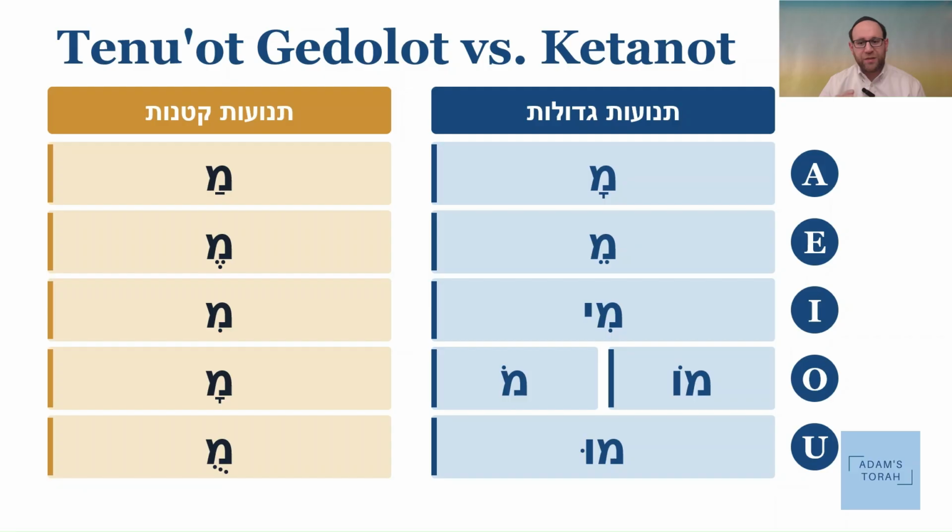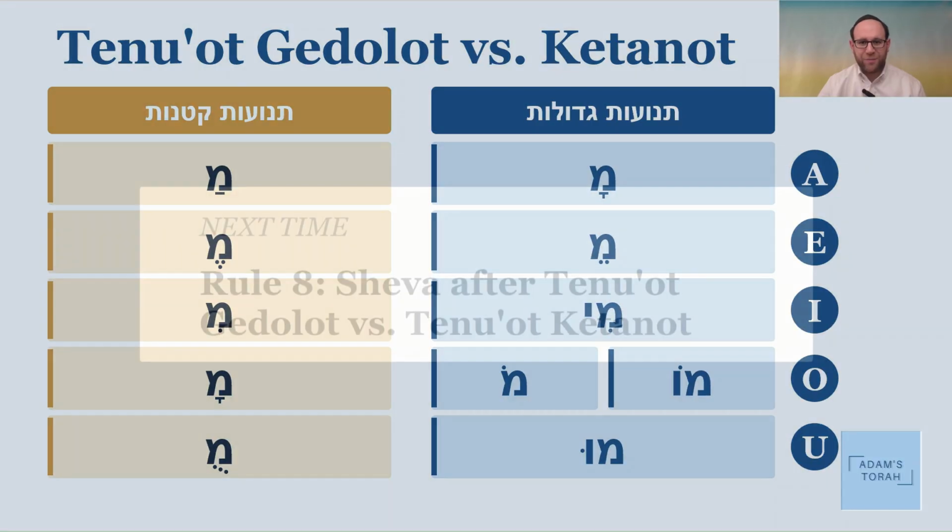What you'll also notice is in the o sound, I have mo with the vav and mo without the vav. Both of them are Tenu'ot Gedolot, versus a Tenu'ah Ketanah, which is the kamatz katan. You could see the mem with the kamatz underneath it. It's identical, whether it's in our top row as a Tenu'ah Gedolah or in that fourth row as a Tenu'ah Ketanah. So you have to learn how to distinguish between those two, but there are two types of kamatz. And once again, I would suggest you screenshot this to memorize the different categories.